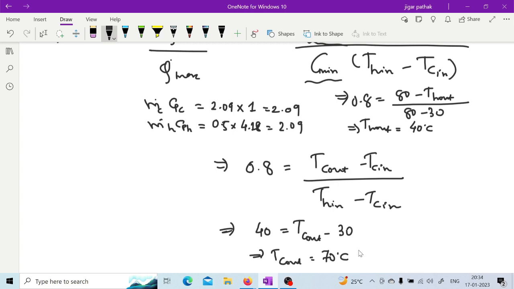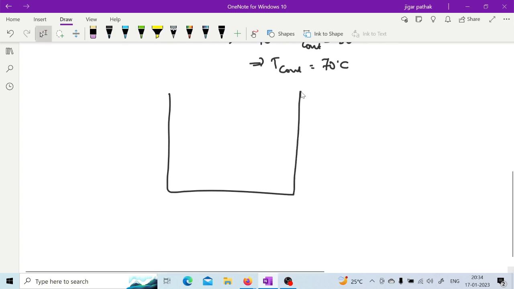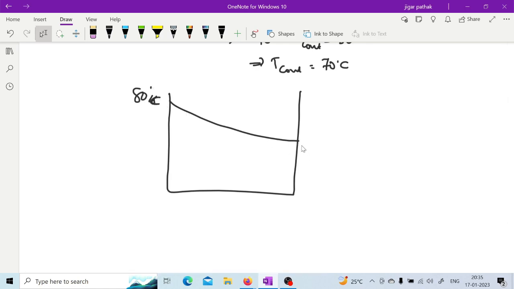Yes, so in this case that LMTD is 10, but the temperature drop in particular is not equal to that 10, as somebody asked previously. Yes, it is a straight line, almost, because delta T will remain the same.